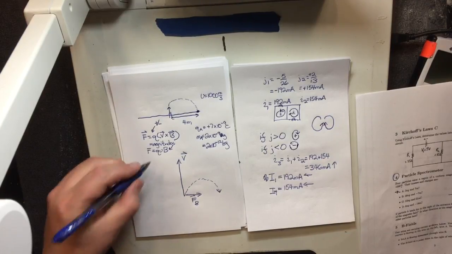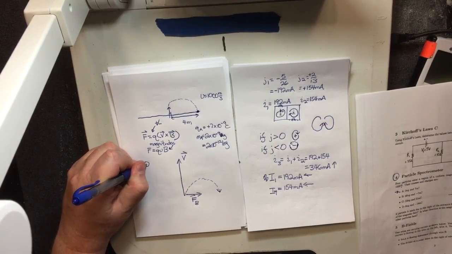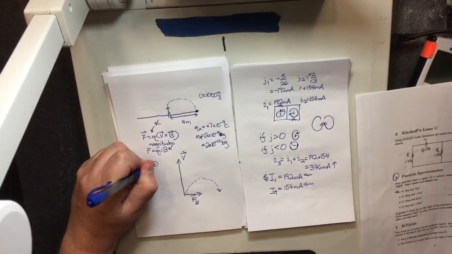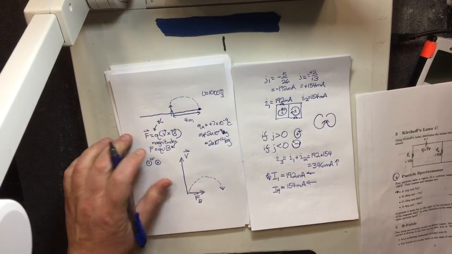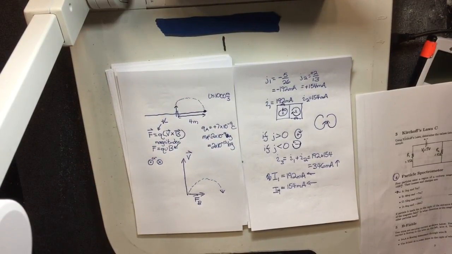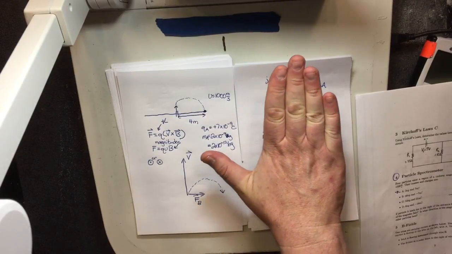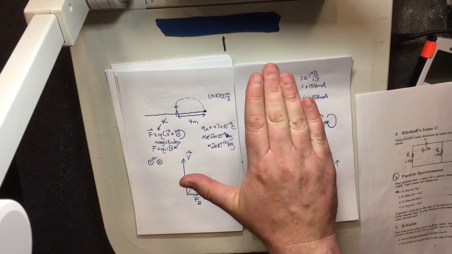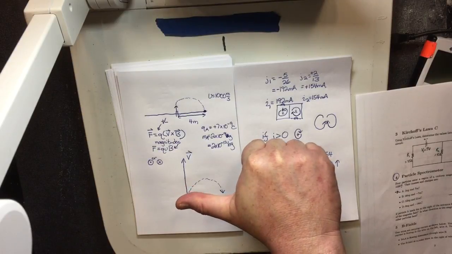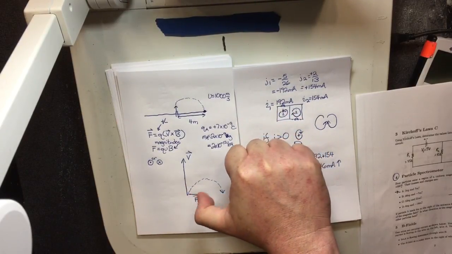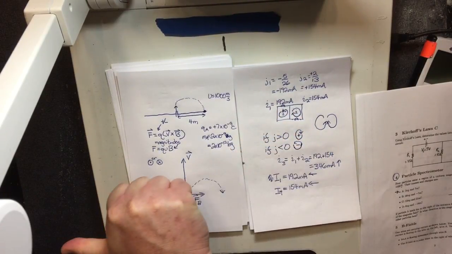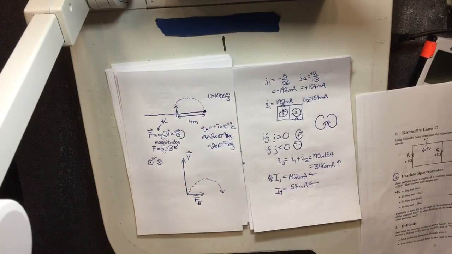We only have 2 choices, out or in. If the magnetic field was into the board, hand is in the direction of V, B goes into the page, the force of the magnetic field goes to the left, which is not what we want.